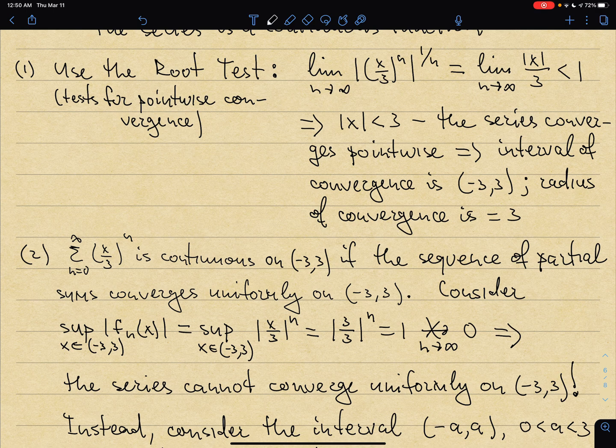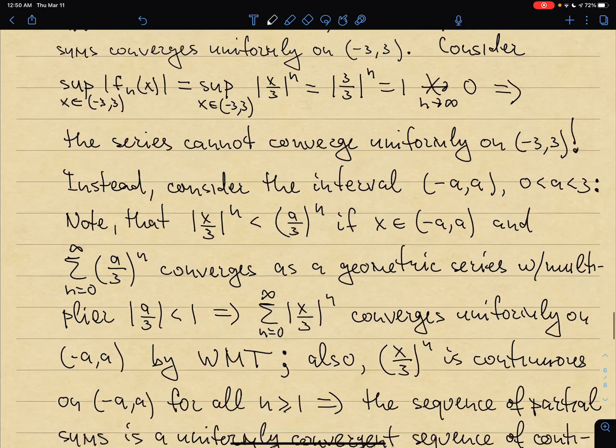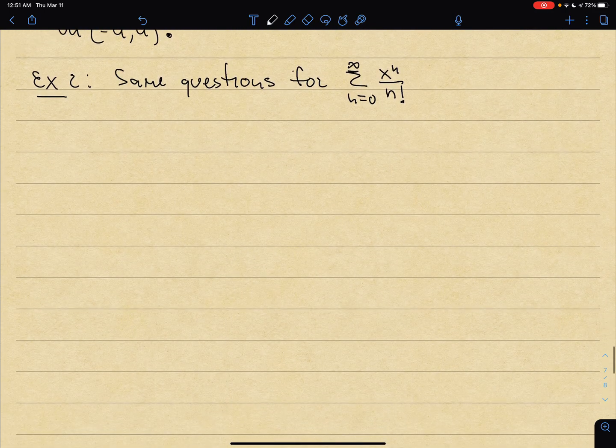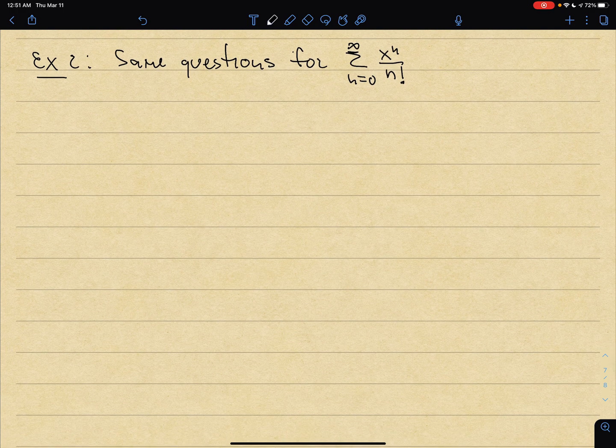So if a series converges uniformly, it must converge pointwise. So if I can answer the question for uniform convergence, then I will automatically answer the question for pointwise convergence. So let's see if we can prove uniform convergence for this series without actually showing pointwise convergence first.